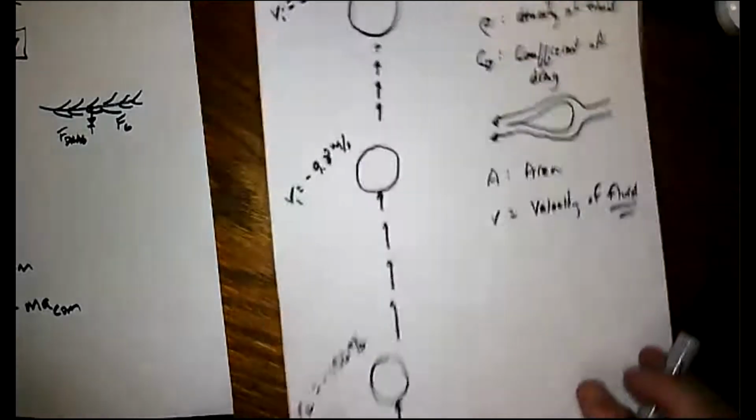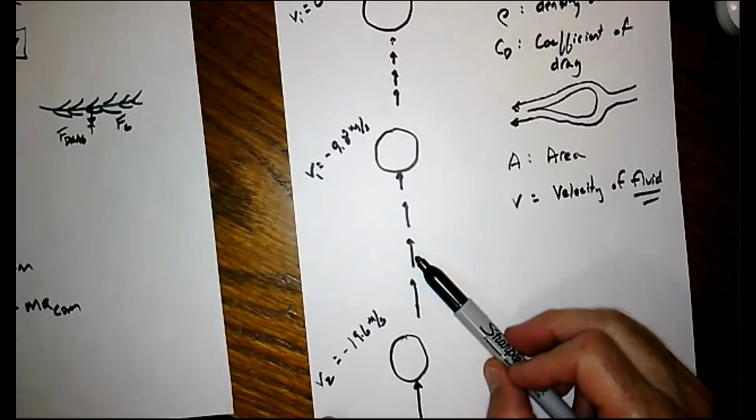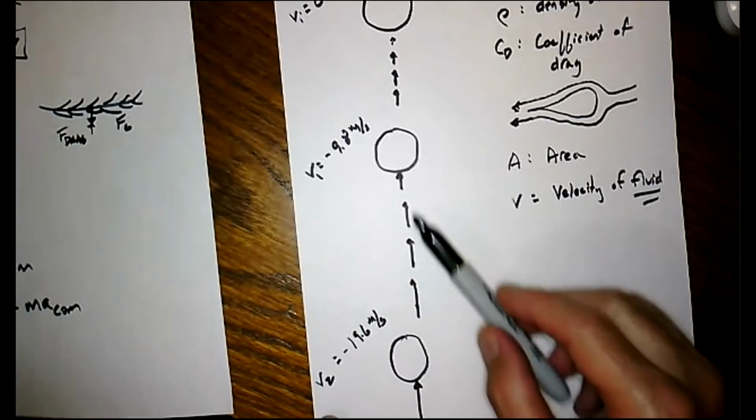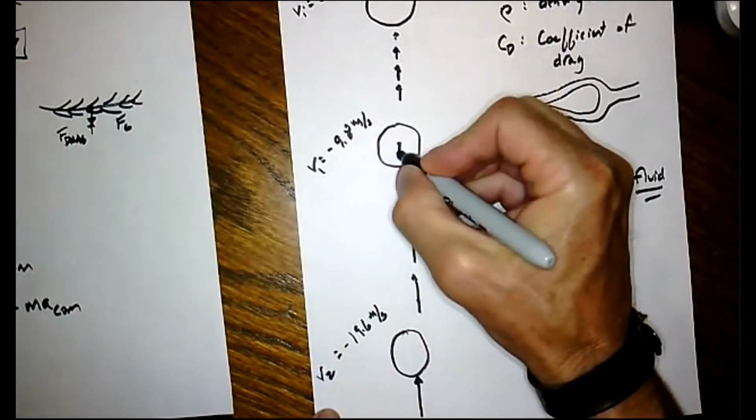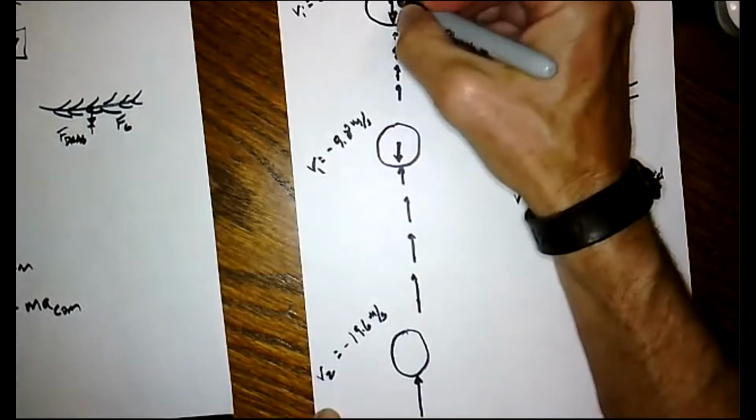Now what's interesting is at some point, this force vector will be the same as the force vector due to gravity. Remember, gravity is the other force acting on this object. Gravity is a constant, so F sub g.